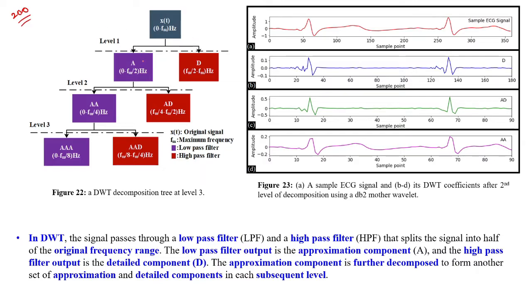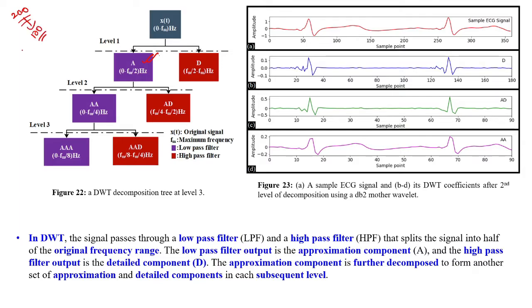The first half is regarded as the approximate coefficient, and it is nothing but the lower half of the frequency component. If you divide this 200 by 2, we get 100.